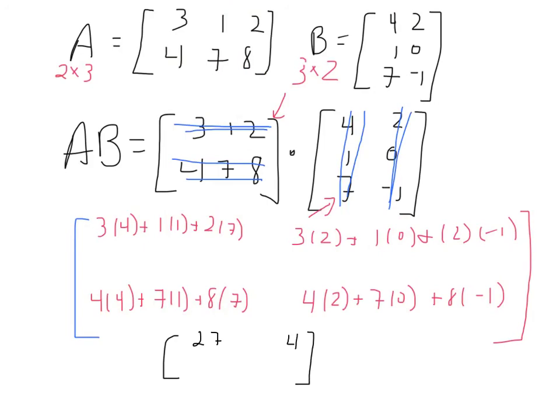And then we've got 16 plus 7 is 23. 23 plus 56 is 79. And then we've got 8 plus 0 plus a negative 8, which is 0. And that is what A and B multiplied together give us. There's the matrix 27, 4, 79, and 0.